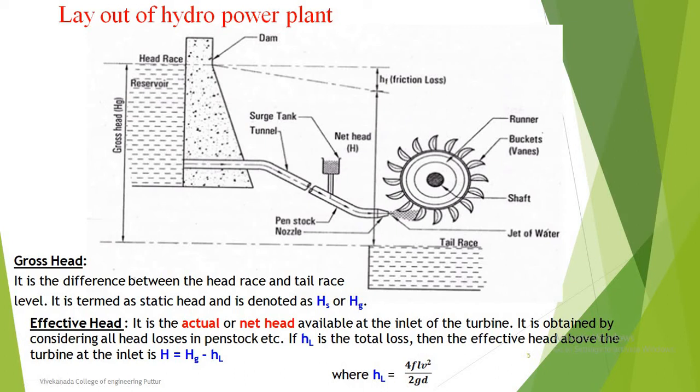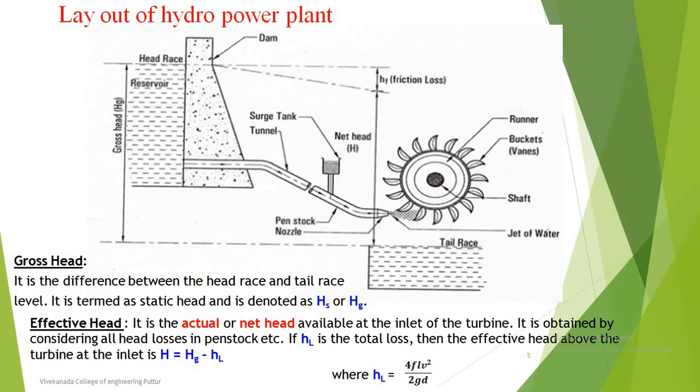Minor losses are due to pipe fittings. Here the minor losses are negligible, so only friction loss is considered. The gross head is Hg or Hs. The net head is the gross head minus the loss. The head loss, HL or Hf, is equal to 4fLv^2/2gd, where d is the diameter of the penstock, v is the velocity of the water flowing in the penstock, and L is the length of the penstock.